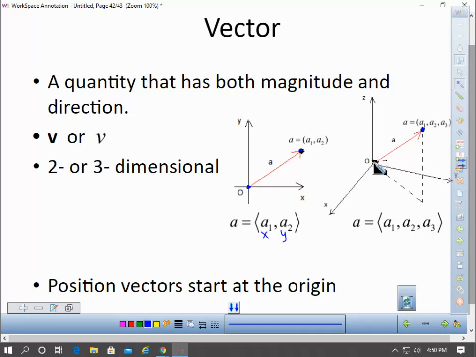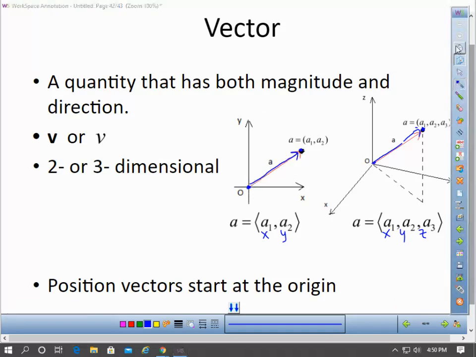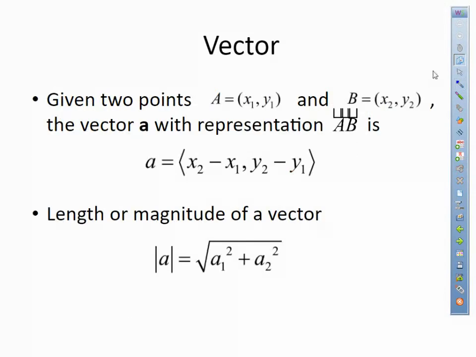And so it's the vector that starts at the origin and ends at this coordinate, the point with those 3 coordinates. So this would be your X, your Y, and your Z coordinate. So position vectors, which is what I've drawn here, start at the origin. Okay, so a vector is like a ray, and it has a direction, so it will say which way it's pointing, and then it has a magnitude, which is its length. Okay, that's what a vector is.